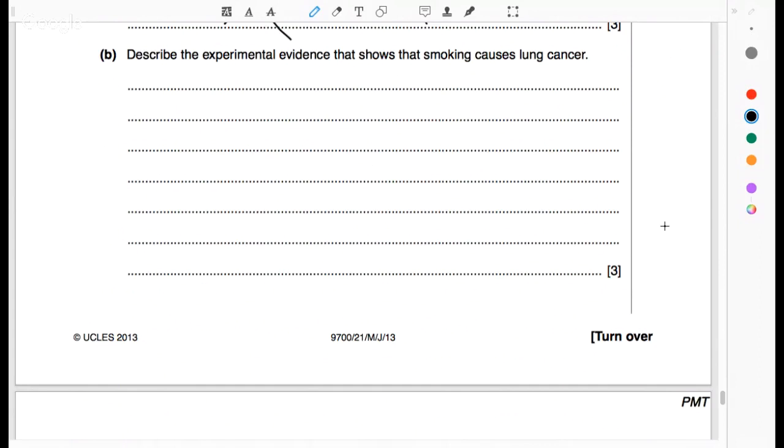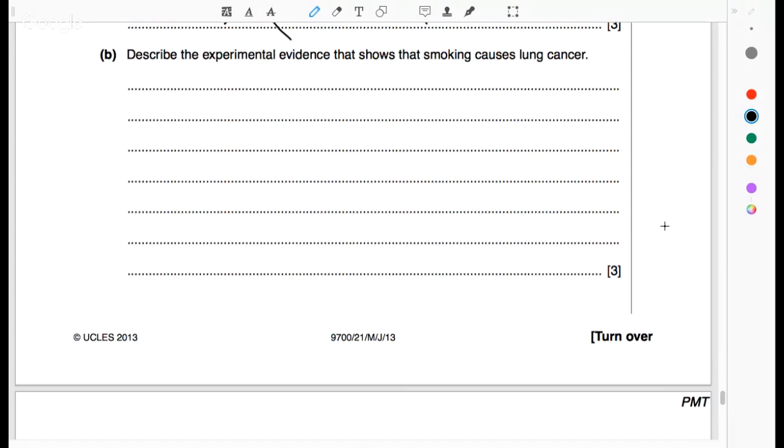People who are in contact with more smokers, like if somebody's part of a family where their parents smoke a lot, the percentage of those people having lung cancer is higher than other people.